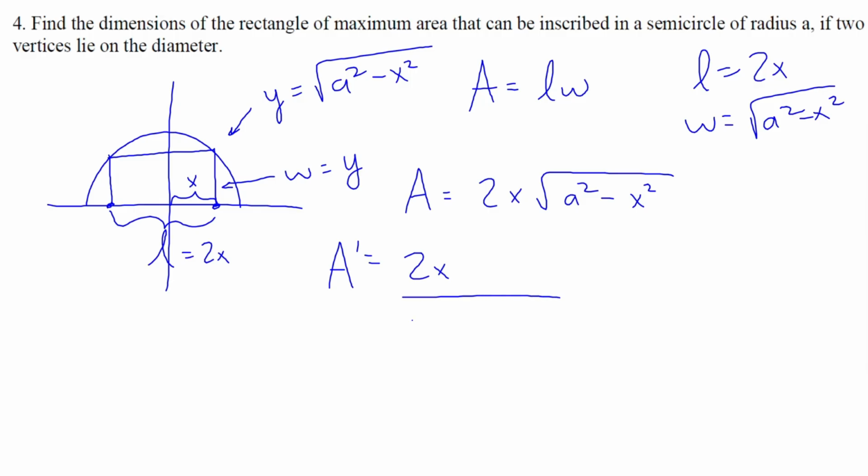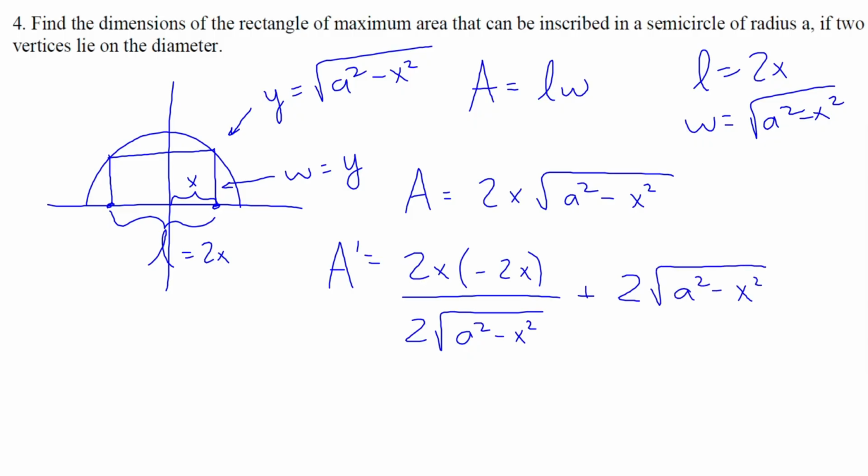Well, that's 1 over 2 root a squared minus x squared. But when we multiply by the derivative of a squared minus x squared, we have to remember that a squared is a constant. So the derivative of a squared is 0. And so we're just multiplying by the derivative of the negative x squared, which is negative 2x. Then we'll add to that 2, which is the derivative of 2x, times root a squared minus x squared.